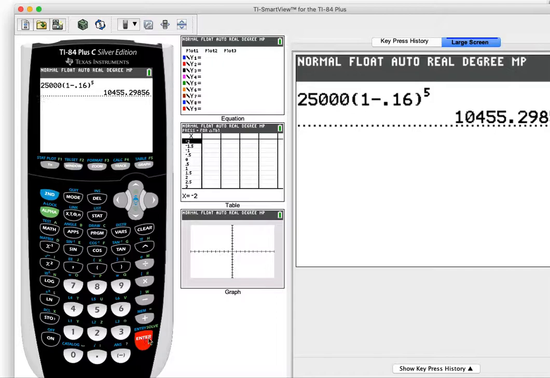Enter. So it's going to be $10,455 and the nearest cent there is 0.29, but there's an 8 over there in the third decimal place. So it's going to round that 29 up to a 30. So we're going to have $10,455.30.